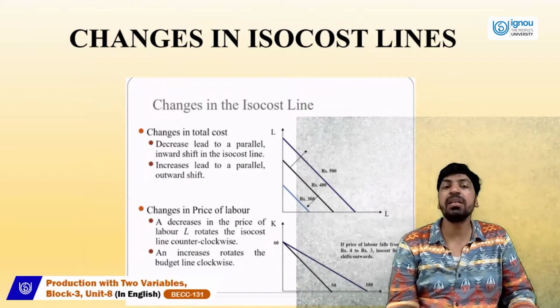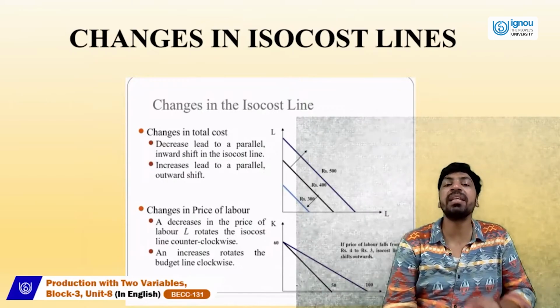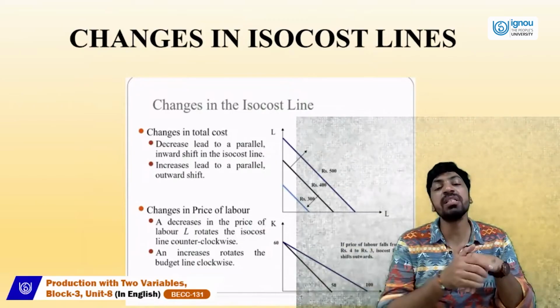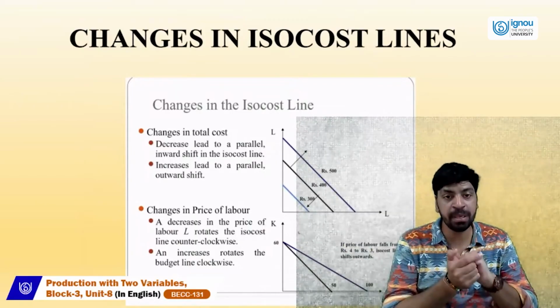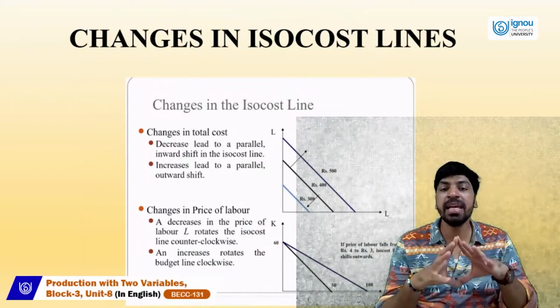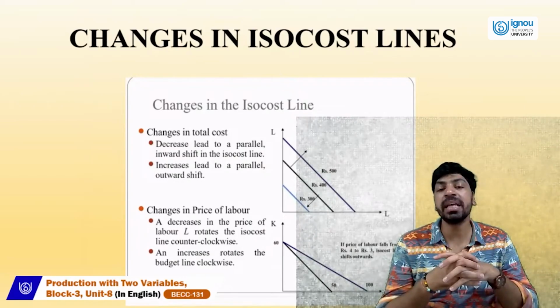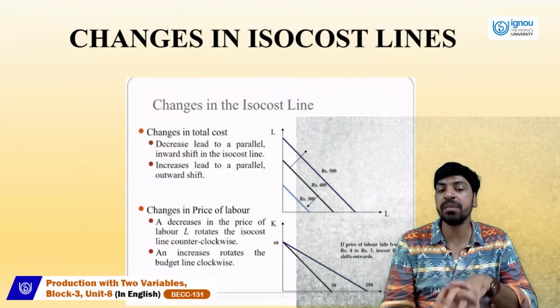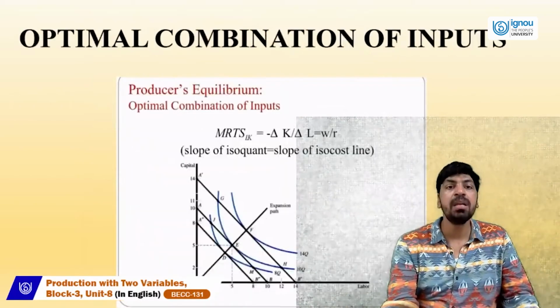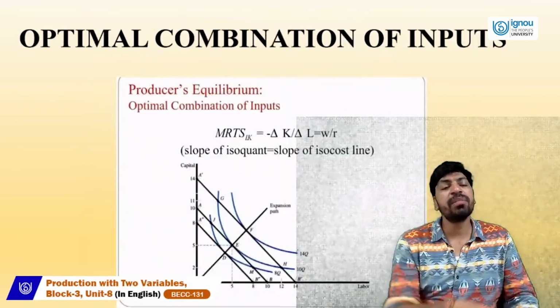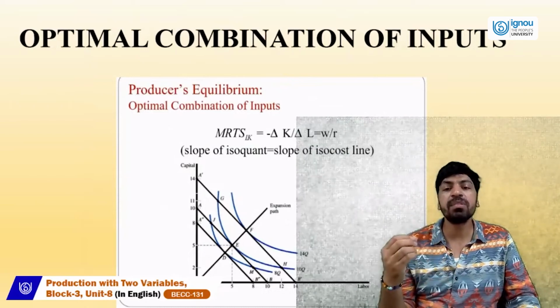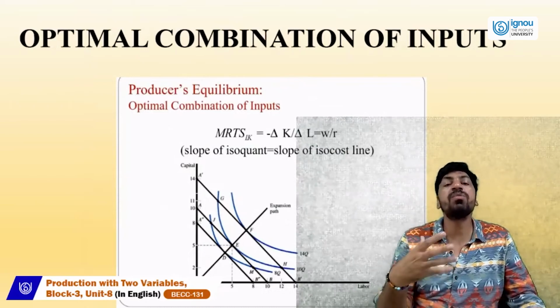So this is the graphical representation when there is a change in the total cost or when there is a change in the price of labor. So this is the exact graphical representation when there is a change in these two factors, total cost and the price of labor. When we talk about the optimum combination of inputs, we always talk about the producer equilibrium.